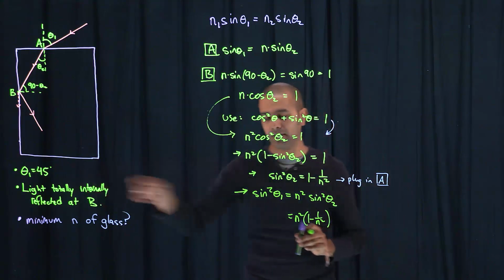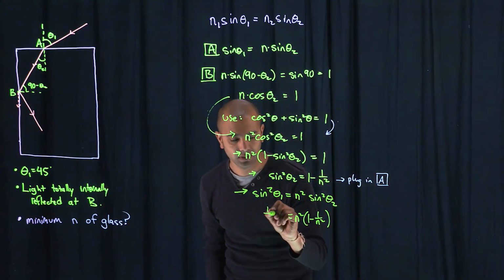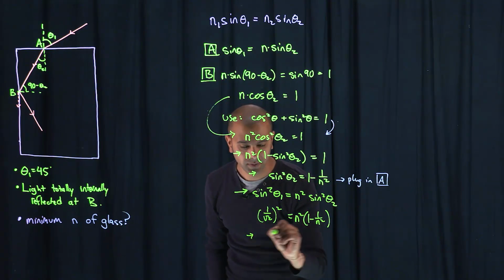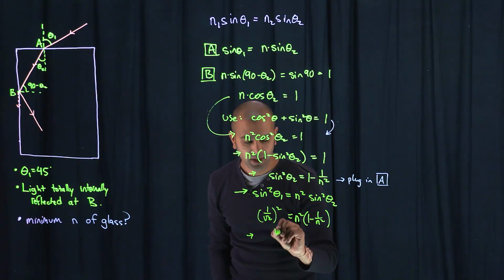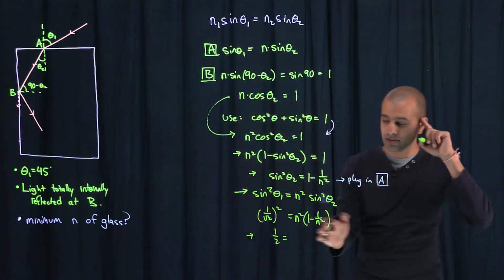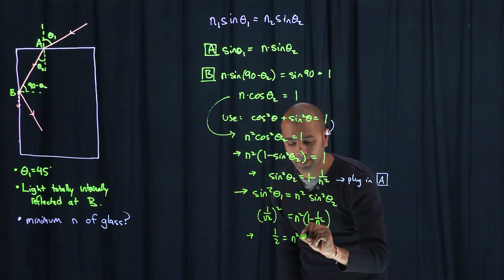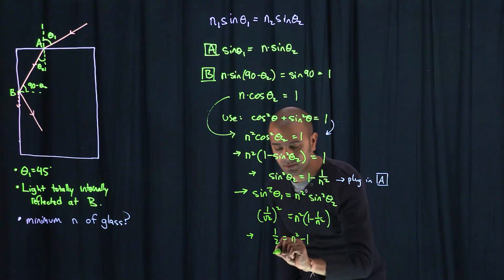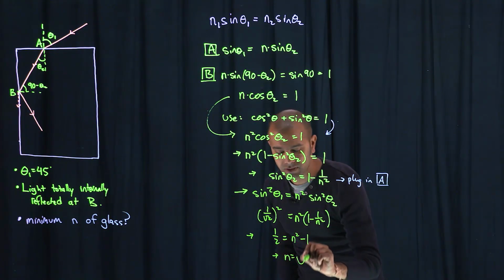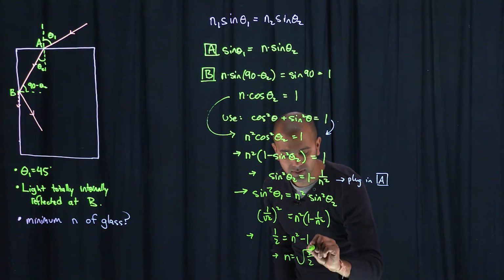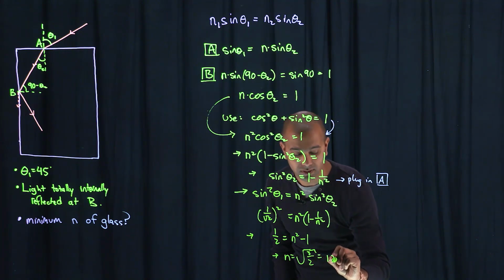Theta 1 is 45, so this is going to be 1 over square root of 2, squared. So you just get 1/2 equals n squared minus 1. So n equals the square root of 3/2, which is 1.22.